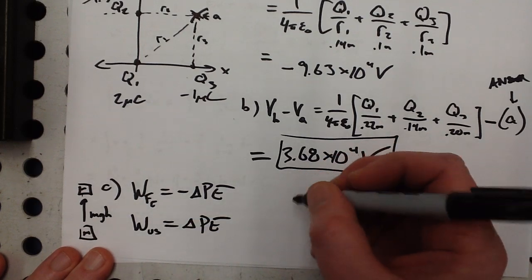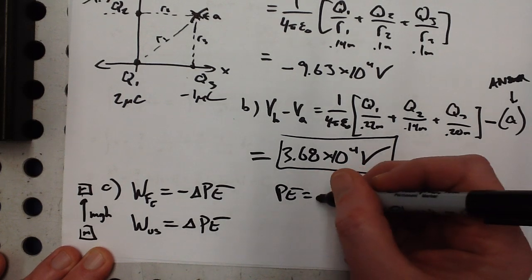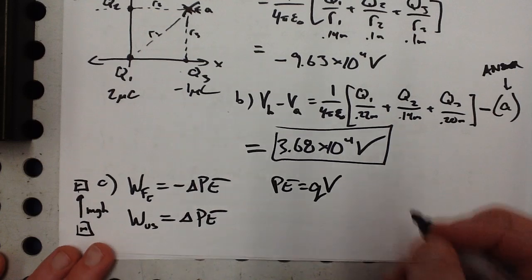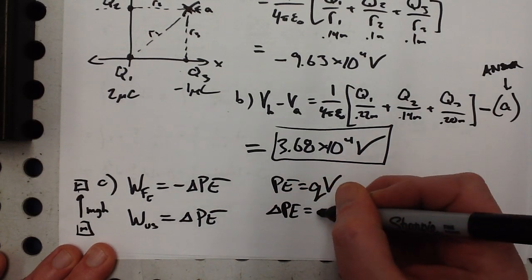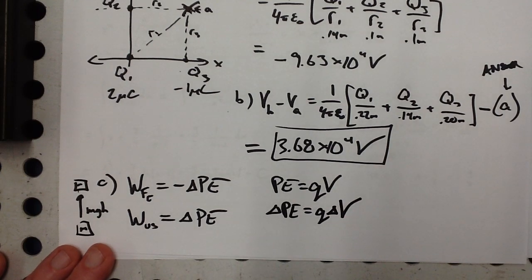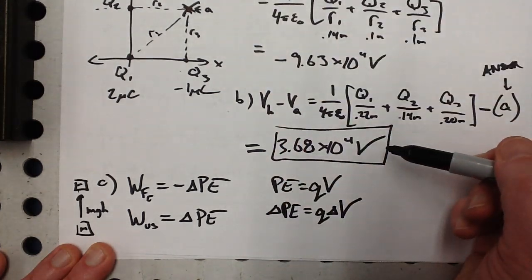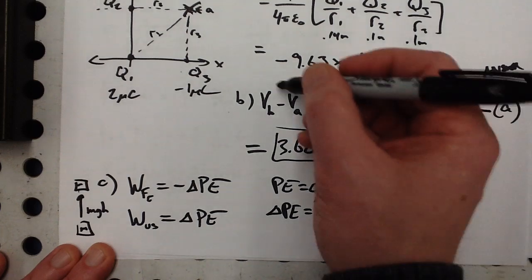Well, since the electric potential energy is charge times electric potential, then change in potential energy is equal to charge times potential difference. And we've got the potential difference from here to here in the problem, in part B rather.